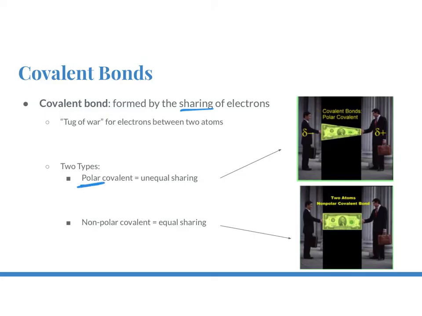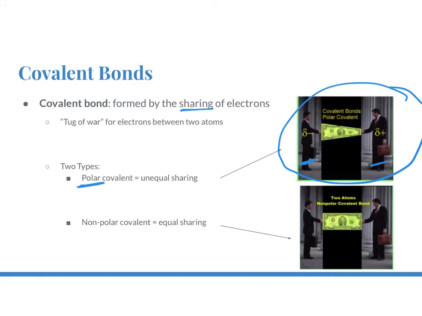This is when two atoms are not equally sharing their electrons. We have this little analogy here with money. Obviously this guy is getting more money than this guy in this picture. With atoms and bonds, remember that they are competing basically for those electrons that are being shared.